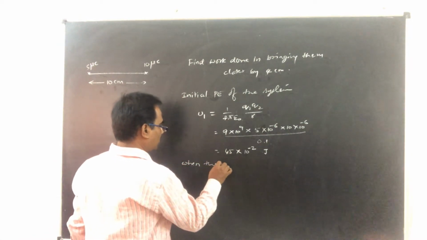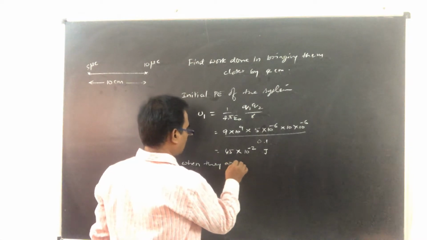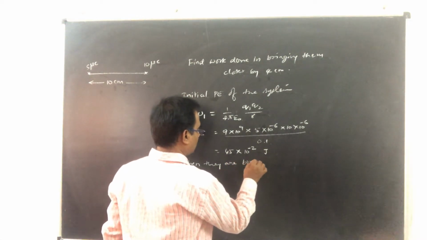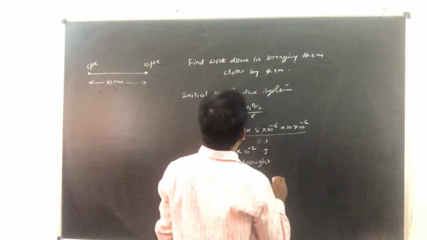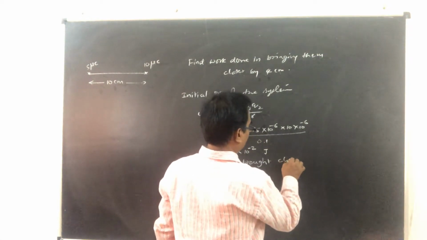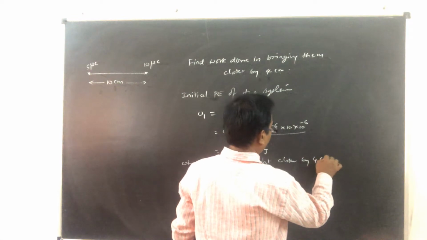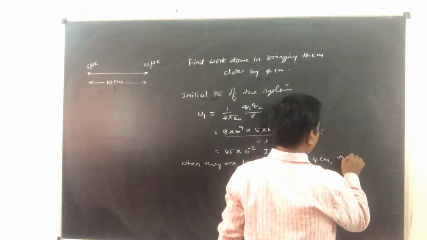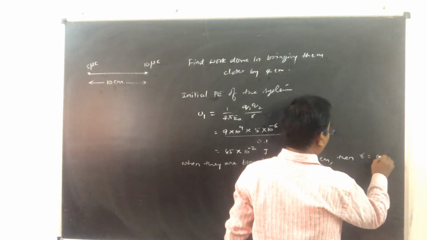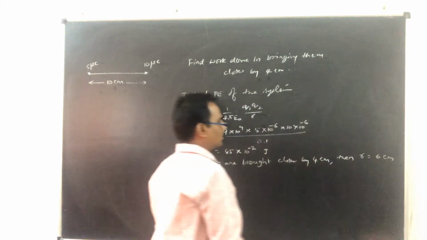When they are brought closer by 4 cm, then this r becomes equal to 6 cm.